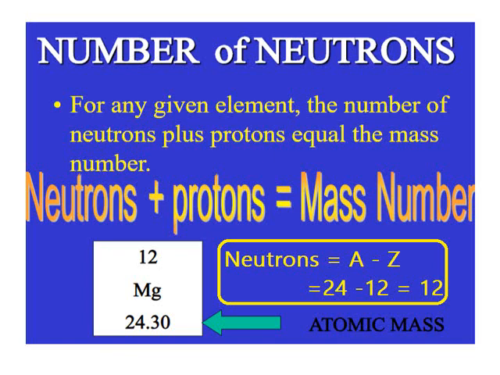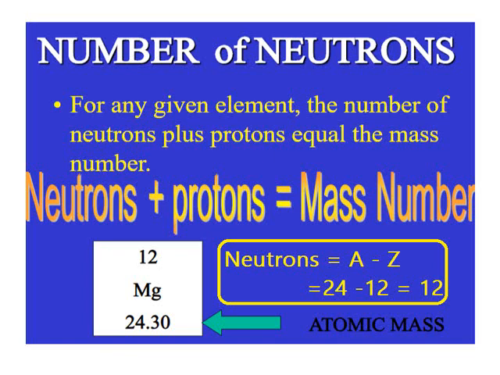From this, let us go to the next part, how to calculate the number of neutrons. The number of neutrons can be easily calculated by subtracting the atomic number from the mass number. So mass number is 24, atomic number is 12. So subtract both these. 24 minus 12 equals 12.